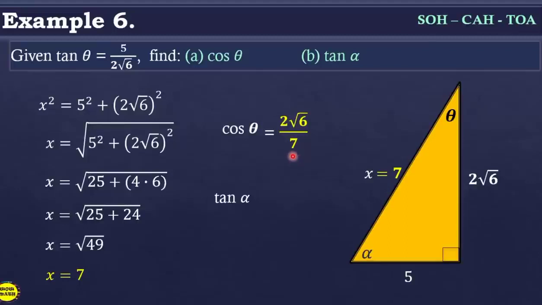Now, letter B is tangent alpha. Your alpha is this, ito yung alpha mo na angle, so dito tayo titingin. From here, your tangent is opposite over adjacent. Ito po yung alpha mo, this is your opposite, so that is 2 square root of 6 over adjacent. Your adjacent is this, 5. So, 2 square root of 6 over 5.